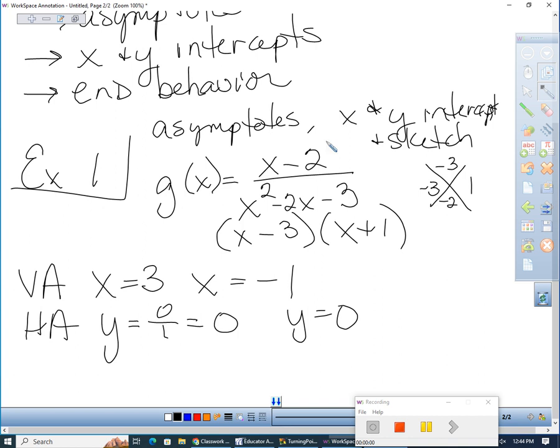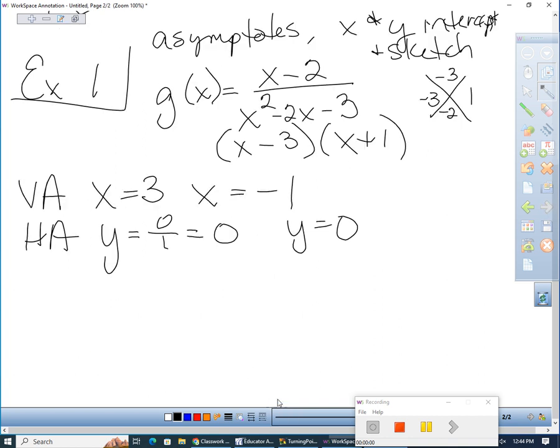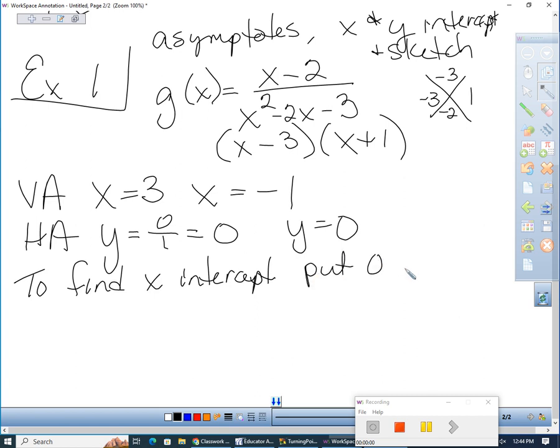Now we're going to do x and y intercepts. To find the x-intercepts, we put 0 in for y. So I'm going to put 0 in here.